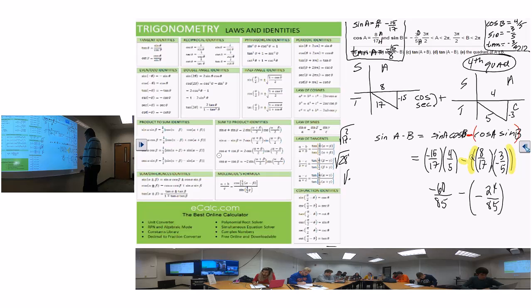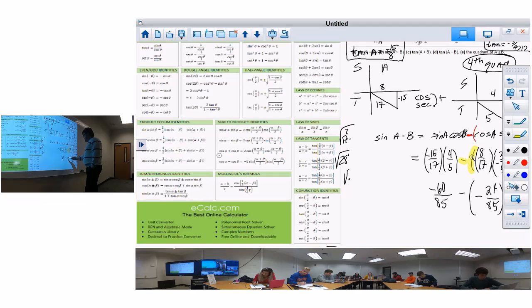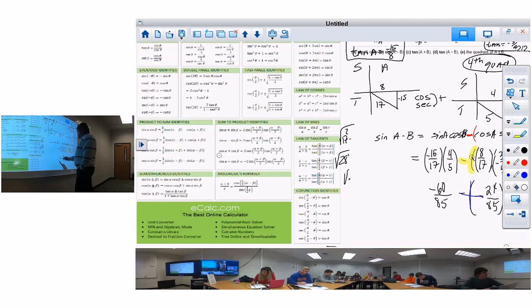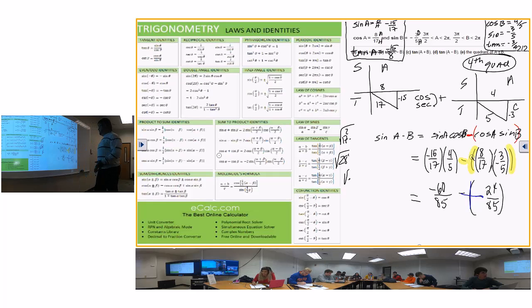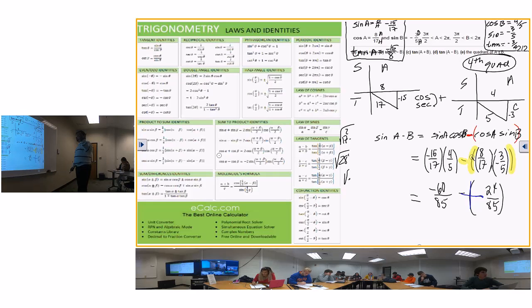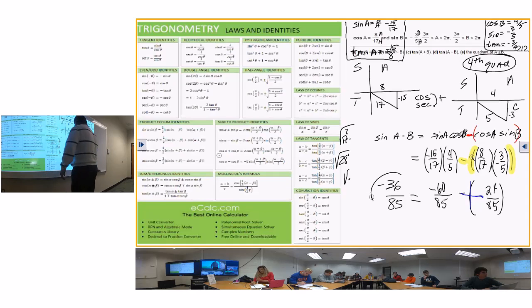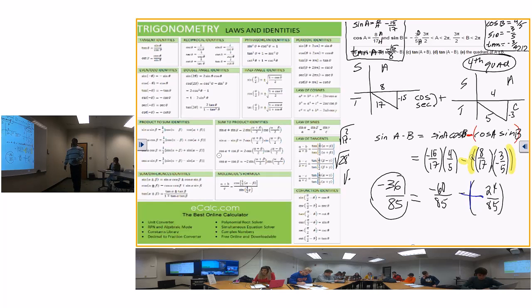And look, this is a trick I learned in the war. That negative and that negative turn into a positive. You owe somebody $60, you give them 24, you owe them 36. So that's going to be owing 36 over 85, negative 36 over 85. And that's your answer to the second part of your question. Write it down.